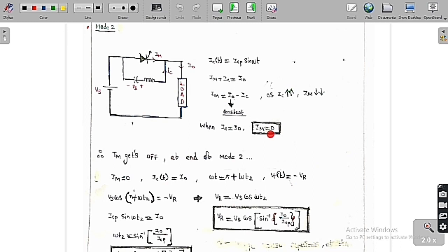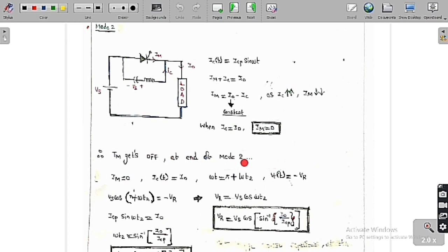So when the capacitor current reaches the value of the load current, the current in the main thyristor is equal to 0. I am assuming that the holding current is 0, so this current becomes 0 and this Tm is going to turn off at the end of mode 2.